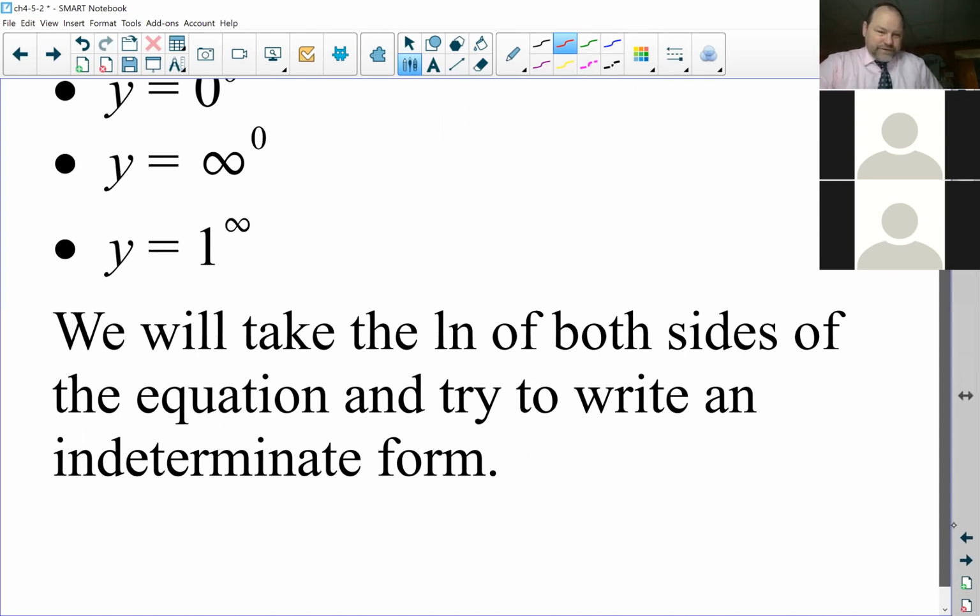So to do this, what we'll end up doing is writing an equation and taking the ln of both sides, and then trying to write the right-hand side as an indeterminate form. I know I can just tell by looking at your faces that you're excited to do this. So we'll take a look here in just a second.